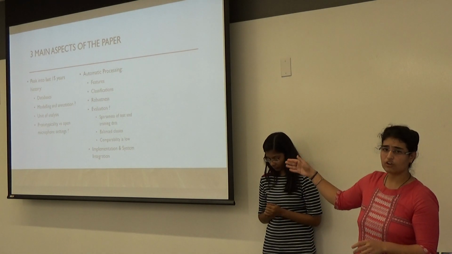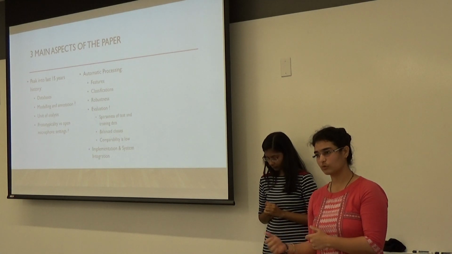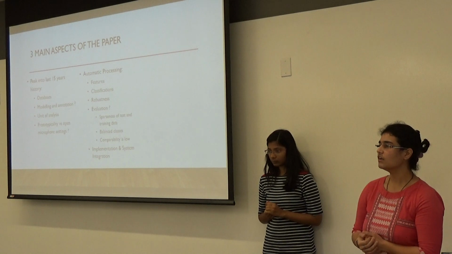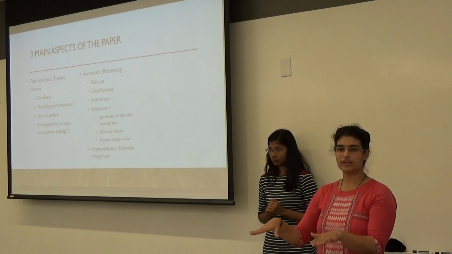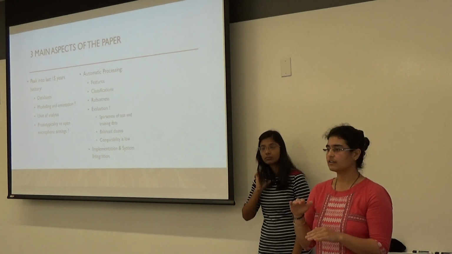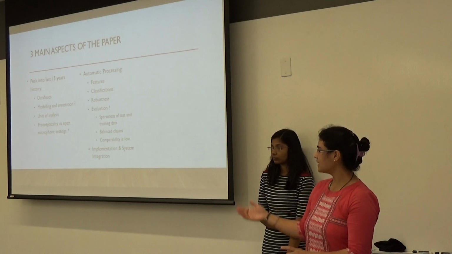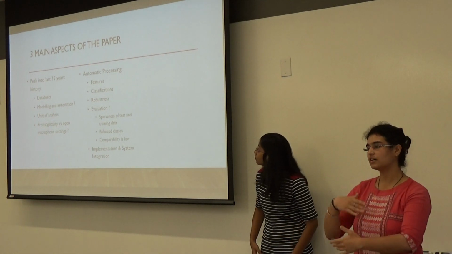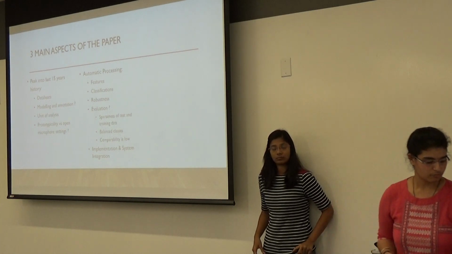After this, what we are going to talk about is the challenge, the Interspeech 2009, which is discussed in the paper. That was a way of bringing everybody on the same plane, having all the data, for comparability purposes. Implementation and system integration: once the system is done, we need to integrate it with our systems and perform.